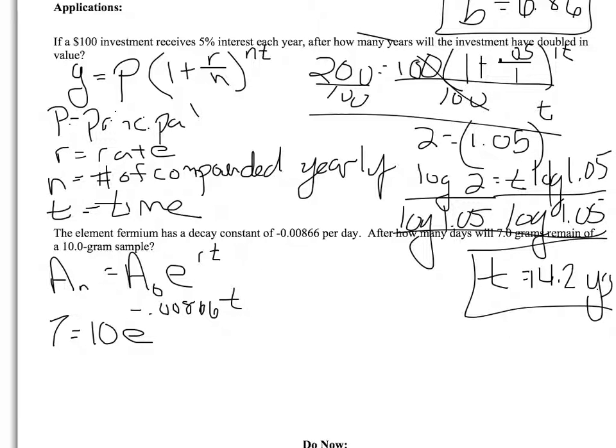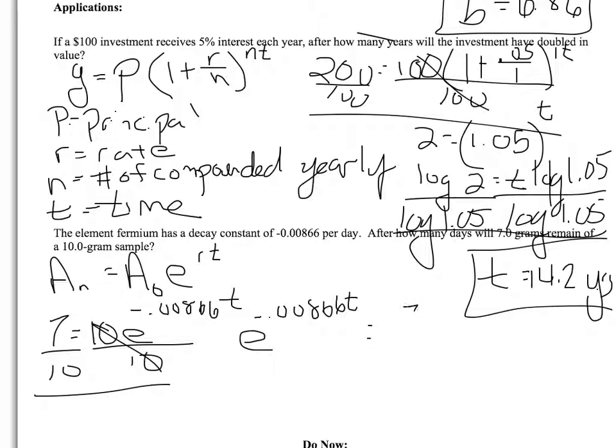negative 0.00866 t. To solve here, we're first going to divide by 10. So we'll have e to the negative 0.00866 t equals 7/10. Now instead of taking the logarithm of both sides, we're going to take the natural logarithm of both sides. So it's going to be negative 0.00866 t ln e equals ln of 7/10.